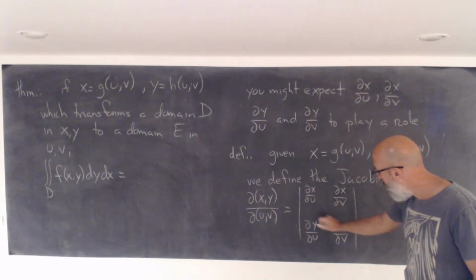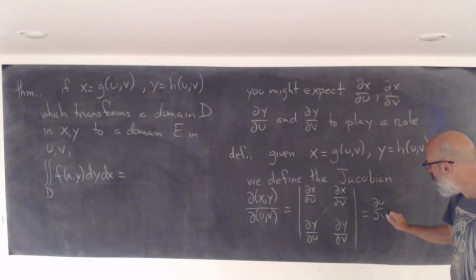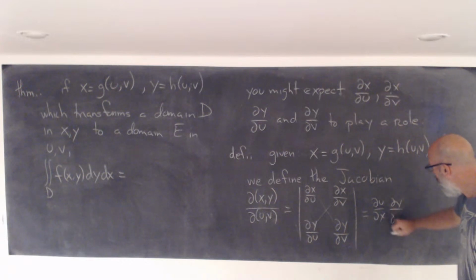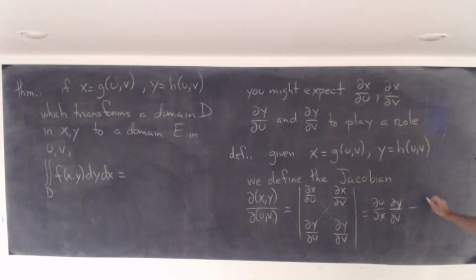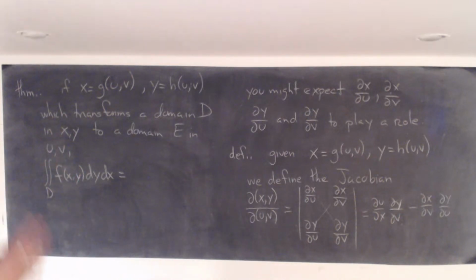You know the 2 by 2 determinant here, du dx dy dv minus dx dv dy dv. Absolutely, right? It's the determinant of this 2 by 2 matrix.